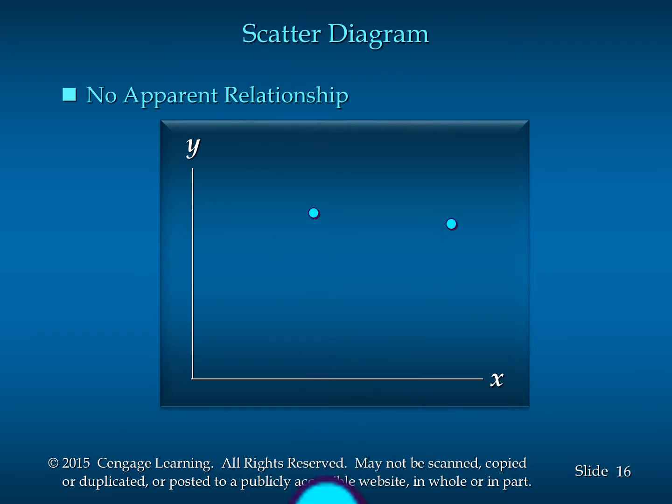We can also have no apparent relationship. I would call this more the shotgun scatter diagram. We could draw any line through this, or if it was simply a horizontal line, it would mean that regardless of what we set the x value, the y value would be about the same.